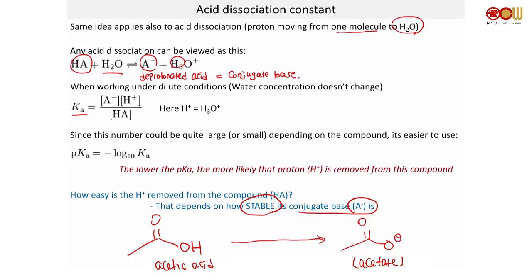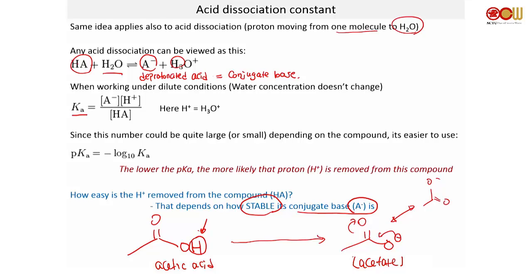Now, acetate has resonance, so that makes this proton capable of passing to water. So the pKa of this is going to be pretty low, because Ka for this reaction is going to be high.